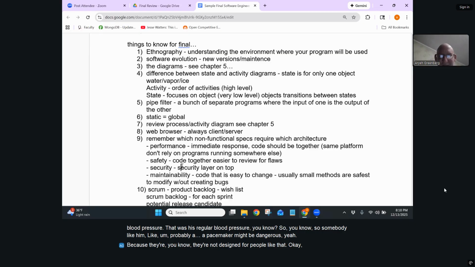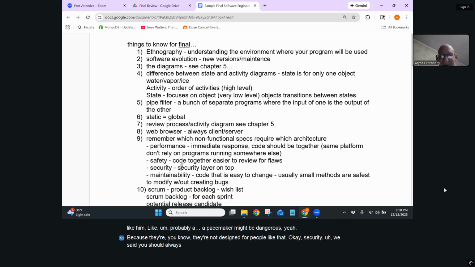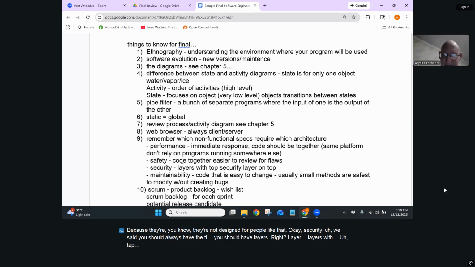Okay, security. We said you should have layers, with a security layer on top requiring authentication, so we don't let anybody in.